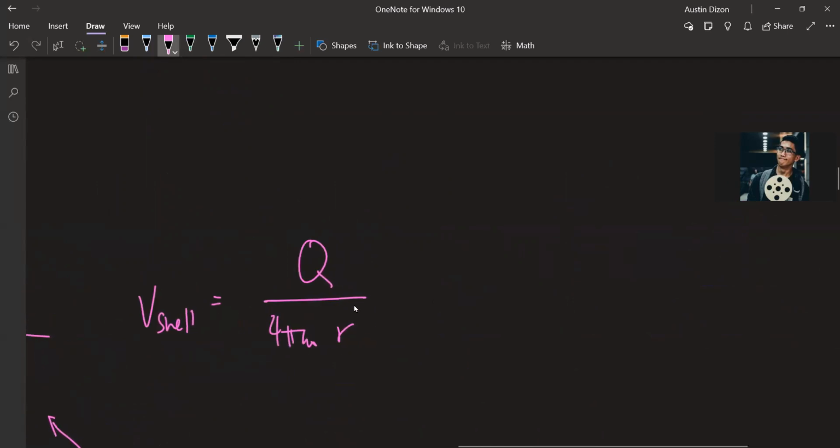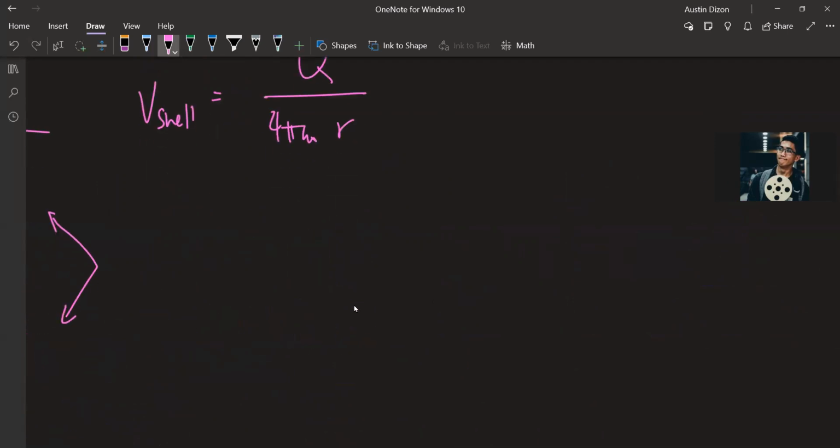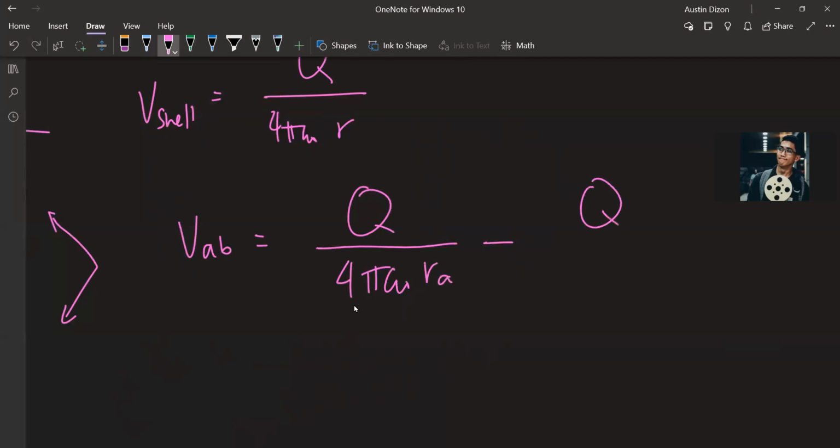So the potential difference VAB would be the potential in RA minus the potential in RB. Okay, we have that.